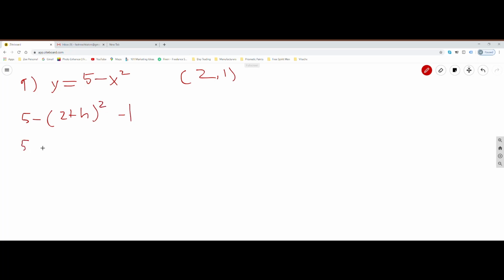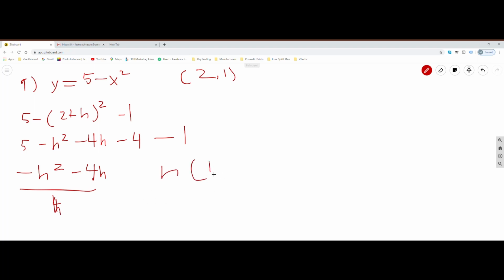So 5 minus h squared minus 4h minus 4 minus 1, you're left with h squared minus 4h over h. So you can take out h, h minus 4, then over h. You can cancel these and you're left with h minus 4. If you substitute h as 0, you're left with negative 4.